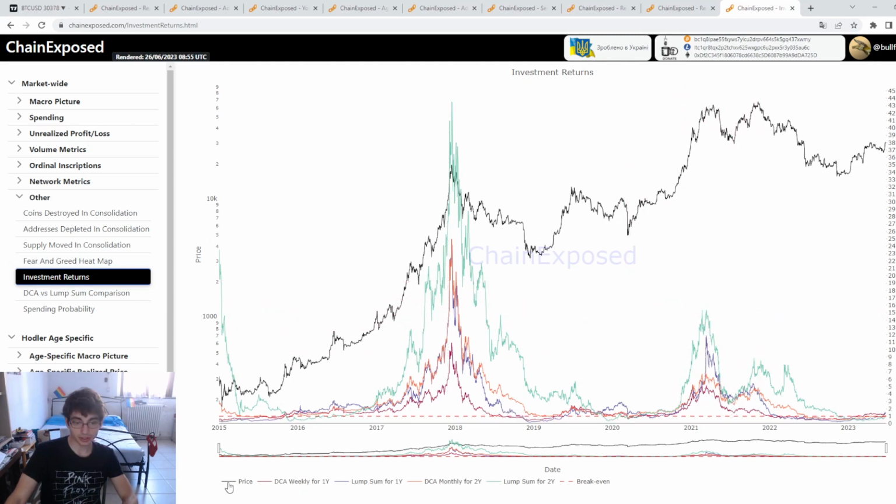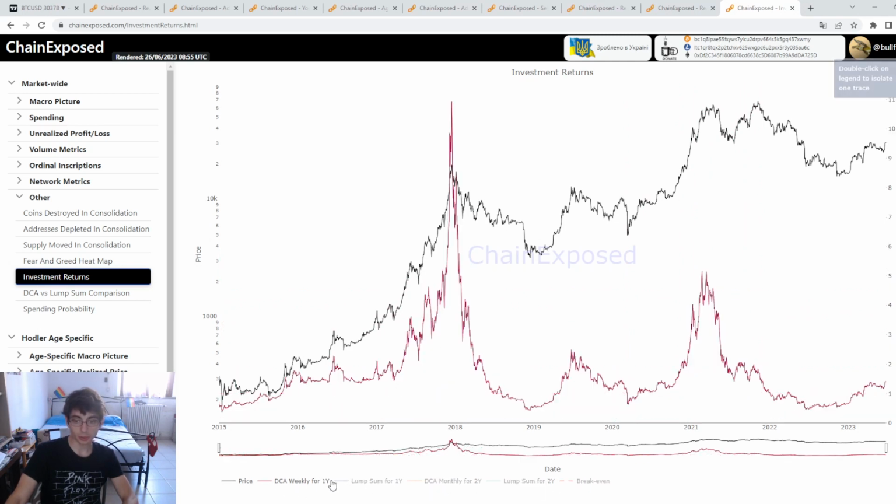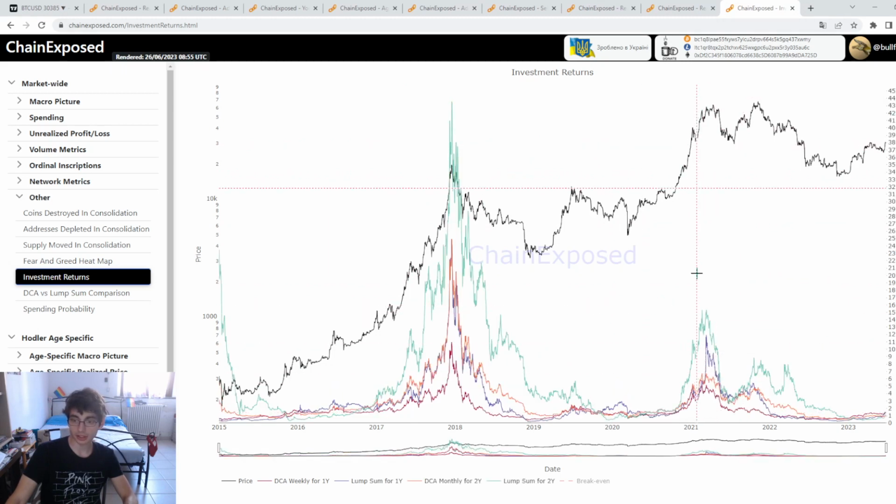So we have the DCA weekly for 1 year. This is the amount of return they had with this strategy, and we see that they reach the peak into the all-time high, and all of these categories in reality more or less reach the peak together into the all-time high.